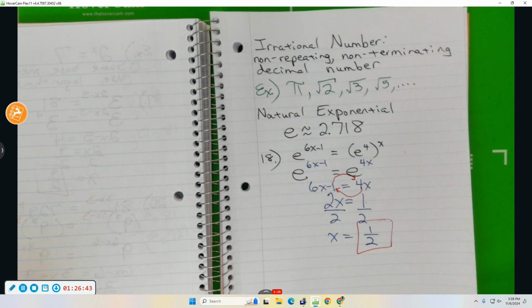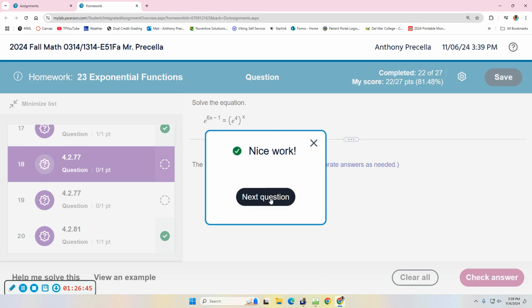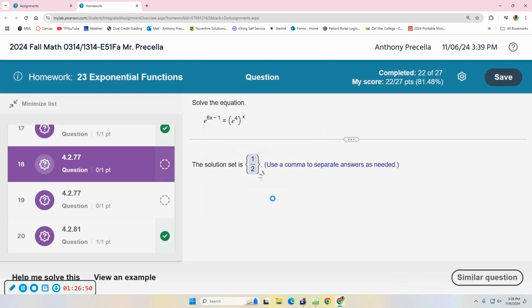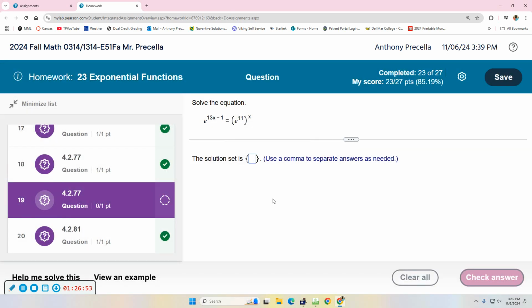Number, is it 19? Oh, here's my number 19. How are we doing there? Is this one pretty similar to the one we just did? What do y'all think? Yeah. e to the 13x minus 1 equals e to the 11 raised to the x.